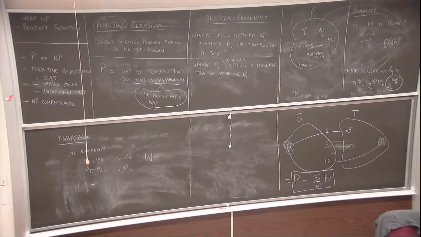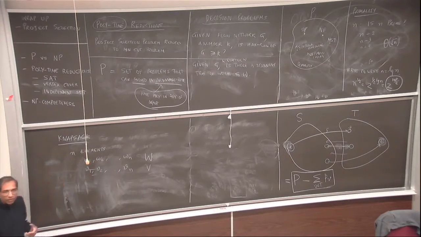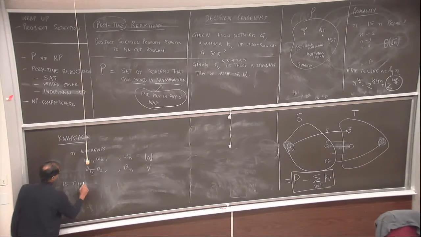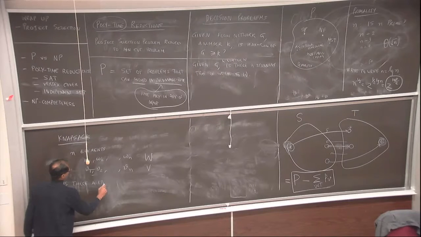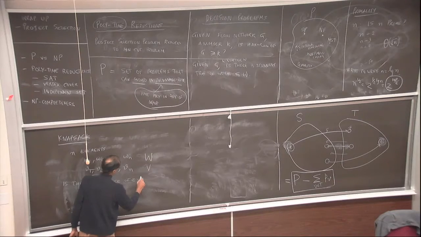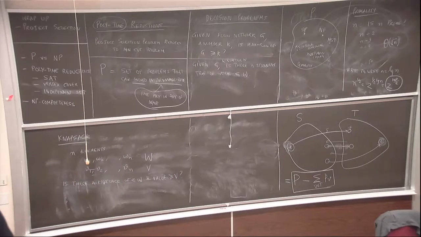Again, let me formulate it as a decision problem. I could also give you a capital V indicating the value that I want to reach, and I ask you, is there a knapsack of weight less than or equal to W and value greater than or equal to V? That's a valid question I could ask.